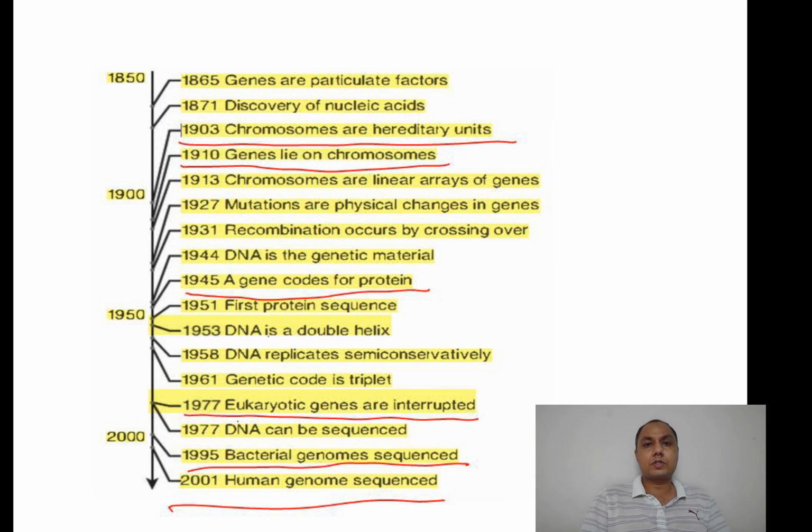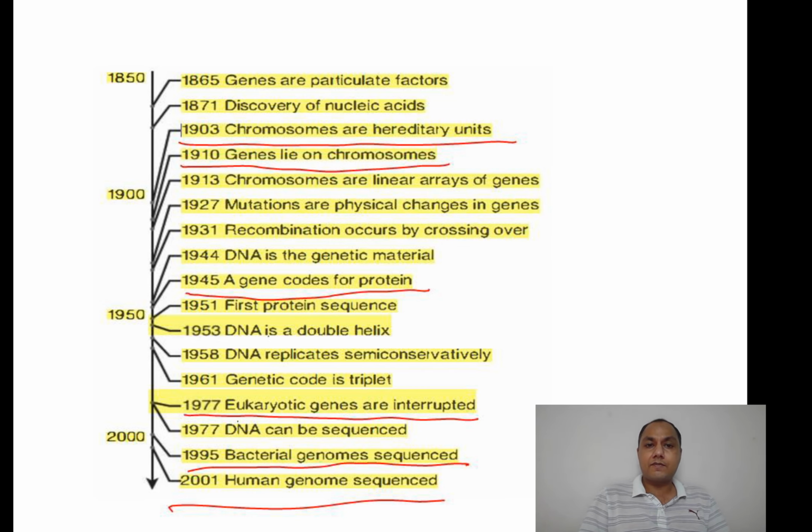In 1903, chromosomes were established as hereditary units. That was around 110 years ago, and we are still working in molecular biology. In 1910, it was found that genes lie on chromosomes, that means genes are part of chromosomes.